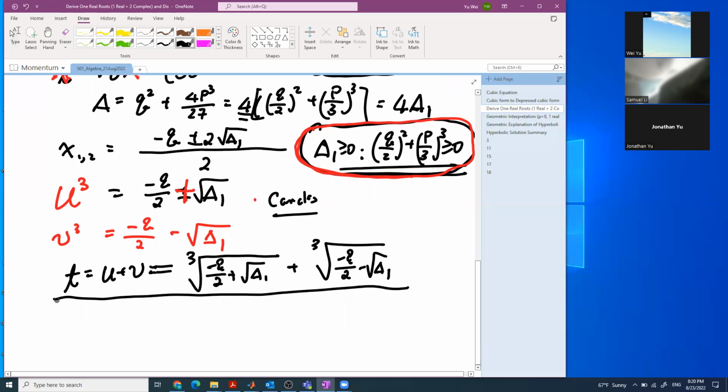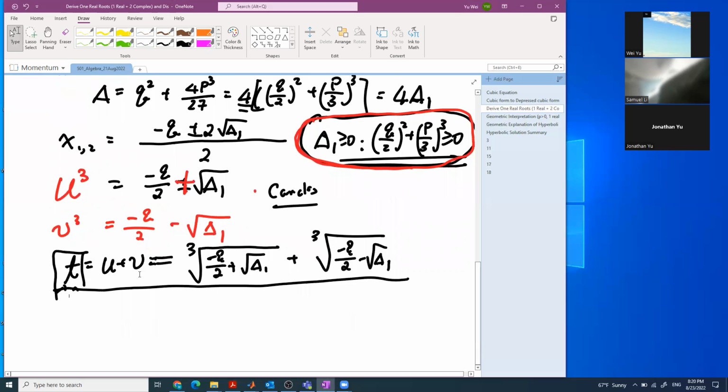I mean, if this is the real root, right? Can anybody think about what the pair of imaginary roots is? No, this is the real one, right? Yeah, but we know that.